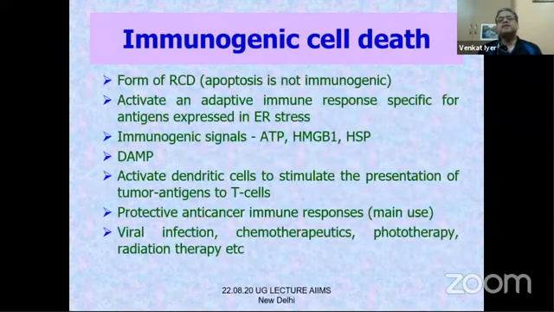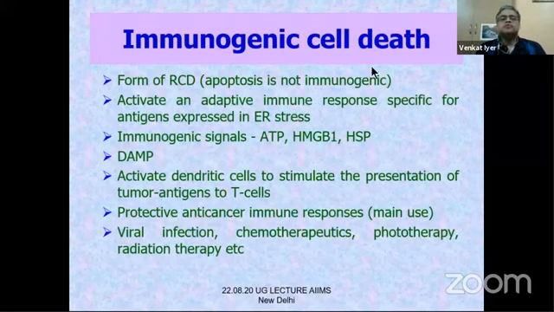Immunogenic cell death is simply cell death which generates an immune response. Remember that in apoptosis there is no generation of immune response. So here this is a regulated cell death where there is an activation of adaptive immune response, and this is specifically a kind of induced cell death. So in viral infections, or when you give chemotherapy for cancer or phototherapy or radiation therapy, you are trying to generate immune responses because they have anti-cancer effects even against the living cells.